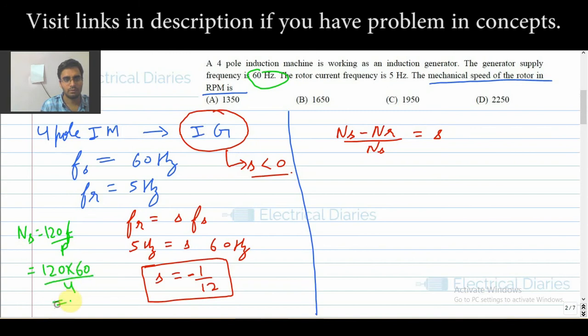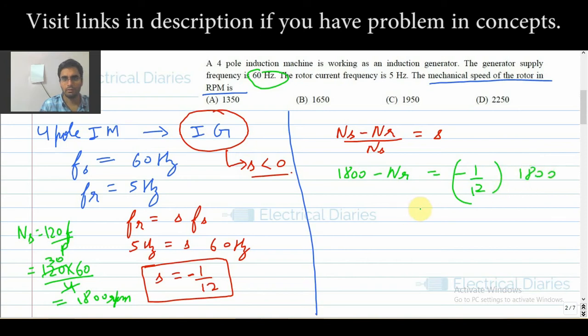It's a 4-pole, so it will come out to be 1800 RPM. So our NS is 1800, NR you have to find out. Your slip is minus 1 by 12, and you take this NS here, so you get 1800 here also.